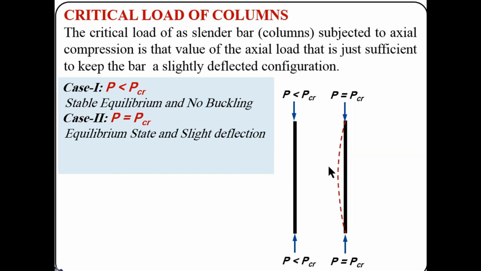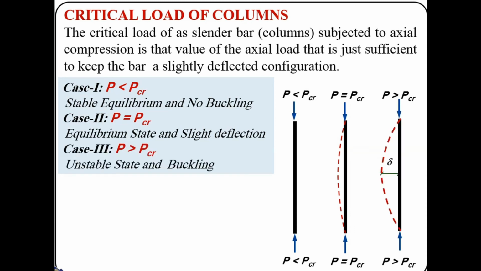If I further increase the load even by a very small fraction, the column suddenly undergoes a very large deformation, it will buckle and it will not be able to sustain any further load. So this column will become unstable. Here you can see that we can define P critical in two ways: it is the maximum load carrying capacity before buckling of the member, or it is the load value at which the column sustains a slightly deflected configuration.